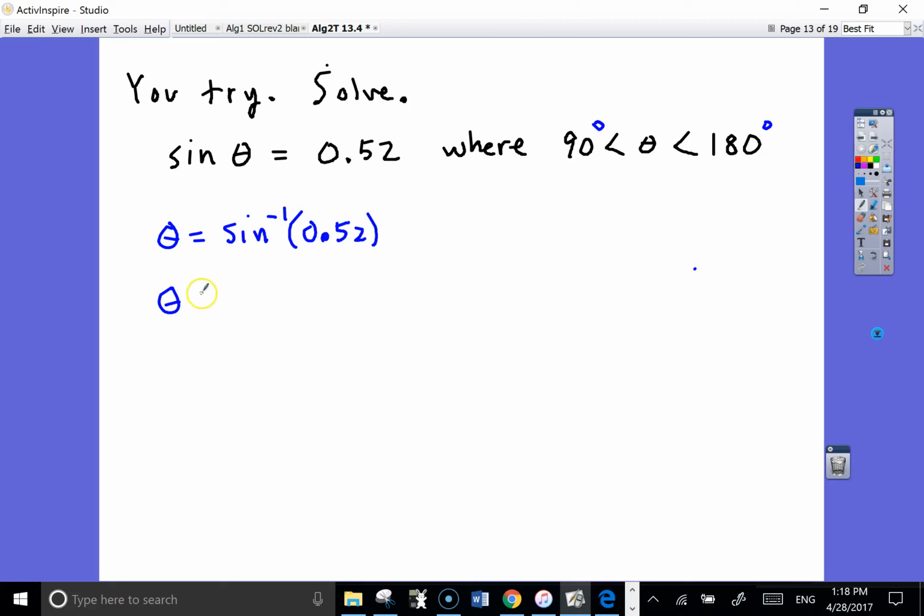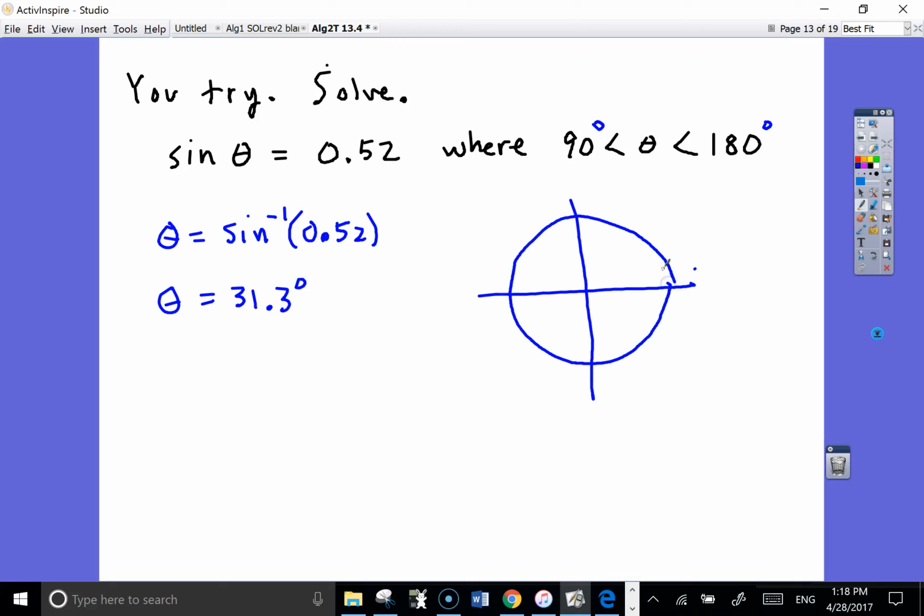So theta equals 31.3. Okay, if I draw my circle right there, 31.3 puts me about right there. Okay, but this here, that's quadrant 2.